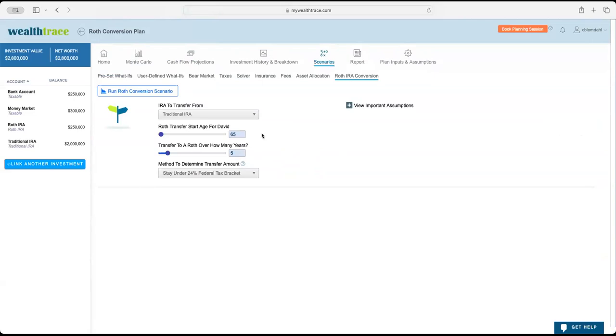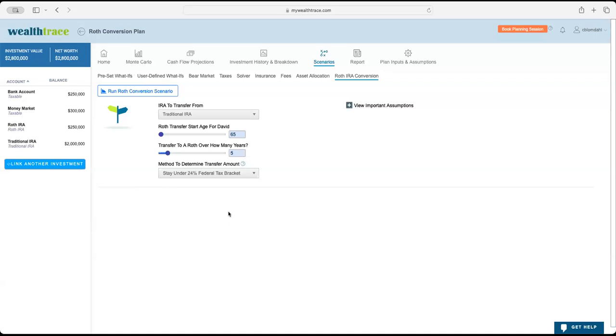All three of these settings are great to play around with to determine which option is best for you. The main reason we're doing a Roth IRA conversion for this couple is so that we can minimize their required minimum distributions later in life and reduce their overall taxes paid, along with increasing their end of plan balance.